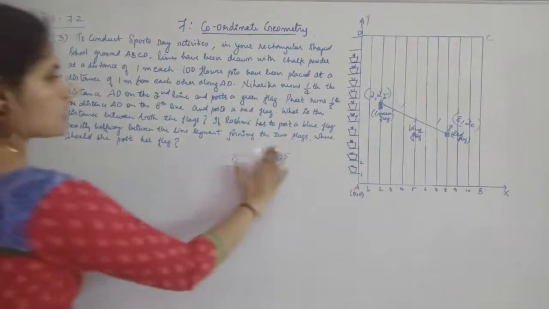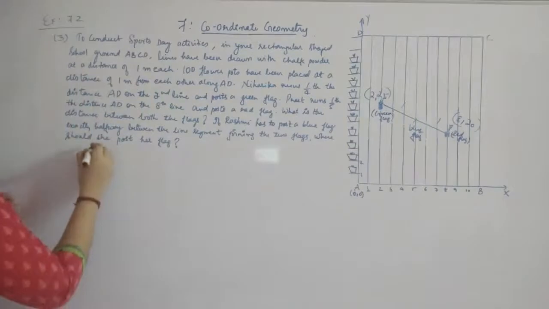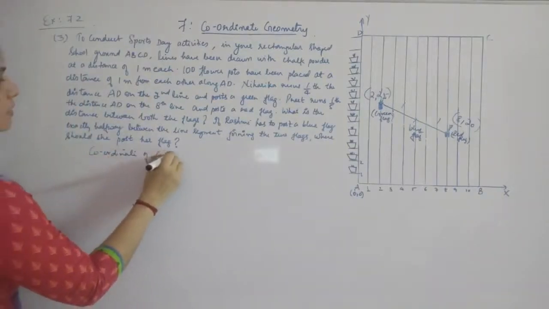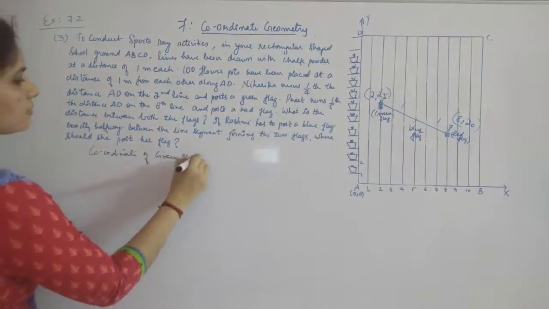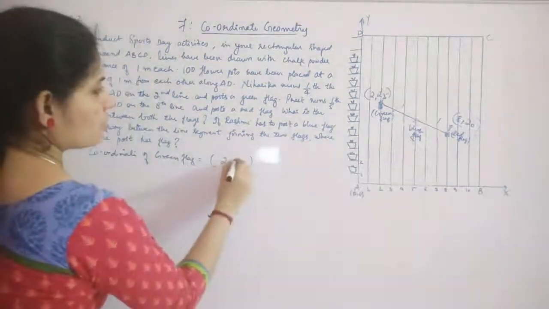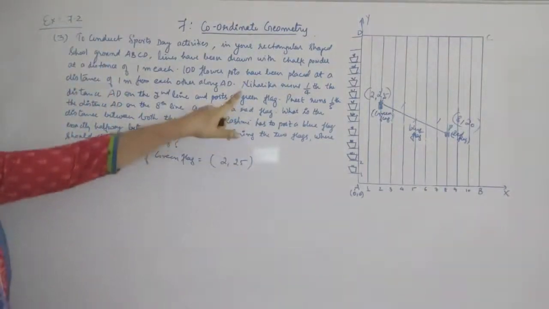Okay, so we can start with first, what is the coordinate of the green flag? The coordinate of the green flag is equal to, how much are you getting? 2, 25. How that 25? It is 1/4 of 100.